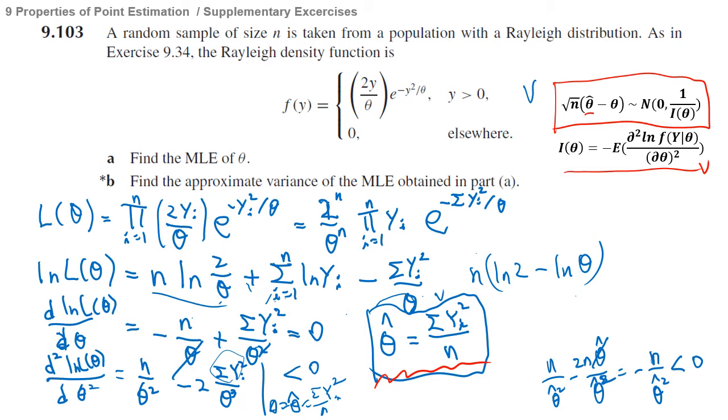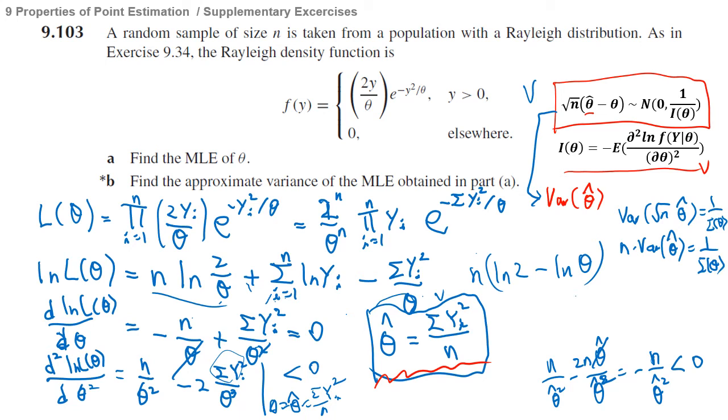And so we want to find the variance of theta hat, and from this equation, what we know is the variance of square root of n theta hat is 1 over information I theta, and so this is n times variance of theta hat is 1 over I theta, and so we have the variance of theta hat.